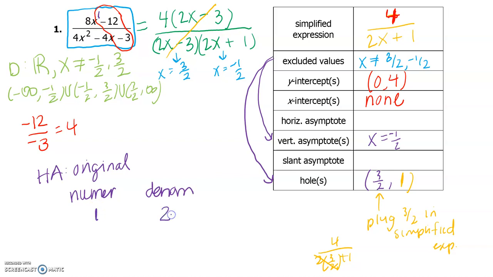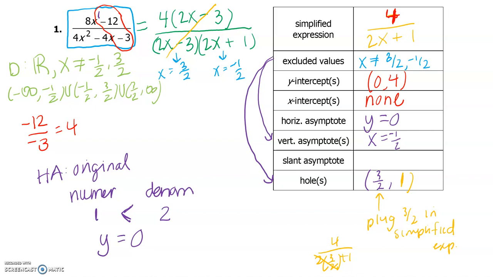The degree of the denominator is 2. This is a bottom-heavy one, so we know that the horizontal asymptote is going to be at y is equal to 0. That also explains why we don't have an x-intercept, because if there's an asymptote there, then it's probably not going to cross the x-axis there.